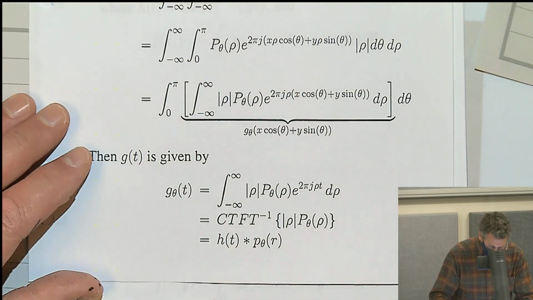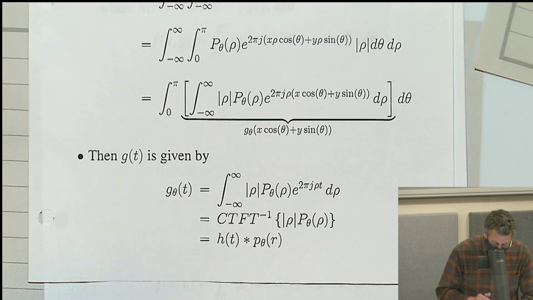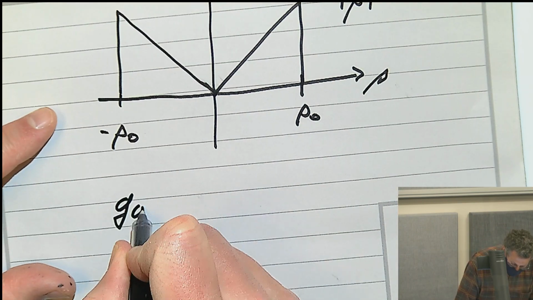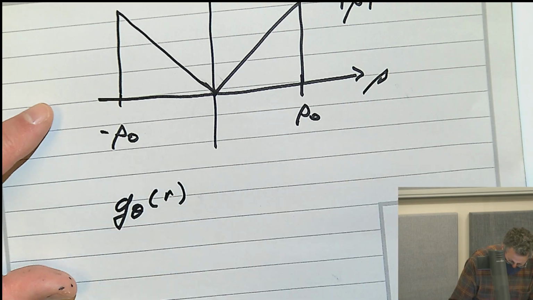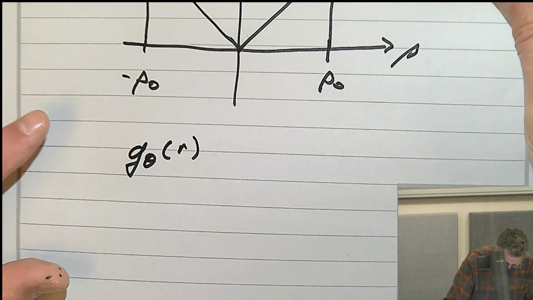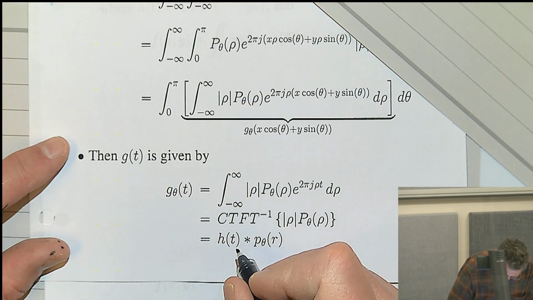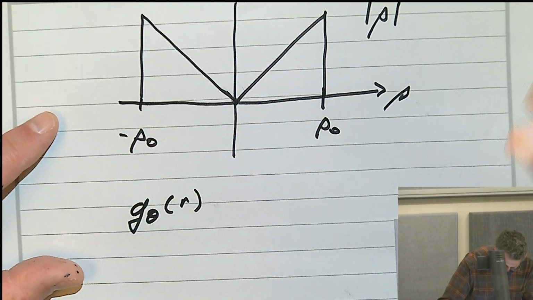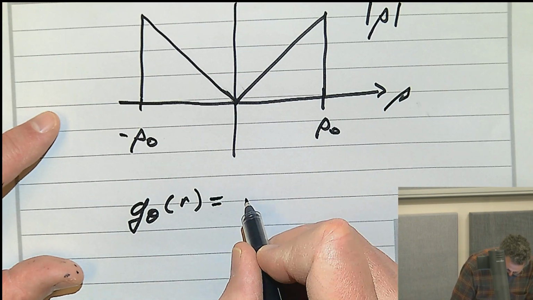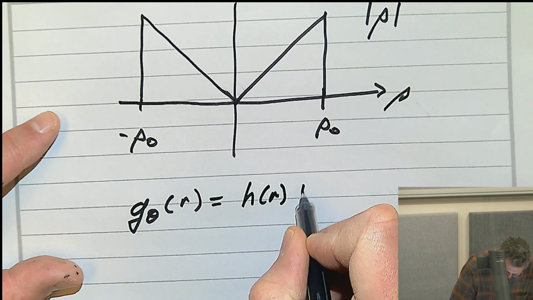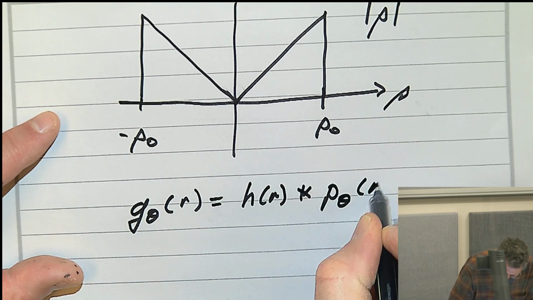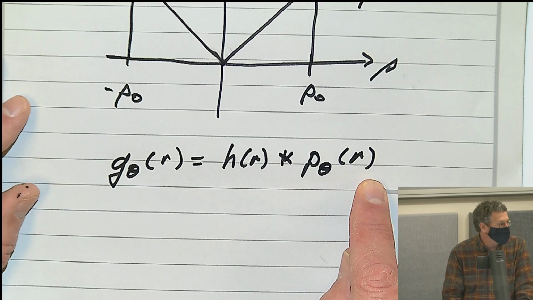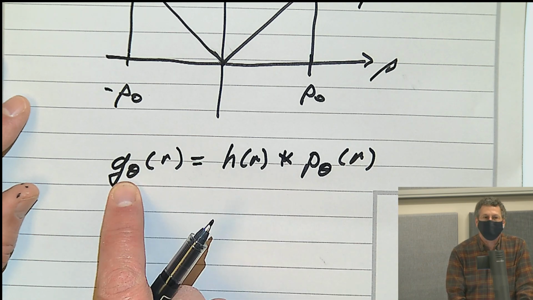And then what it really is, G theta of R, where I wrote, of R. Oh, that's a typo. Oh well, I'll take care of that later. It is equal to H of R convolved with P theta of R. So these are the projections, and these are the filtered projections.